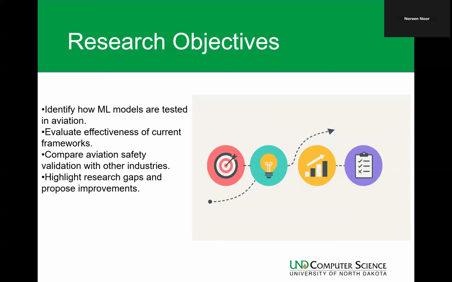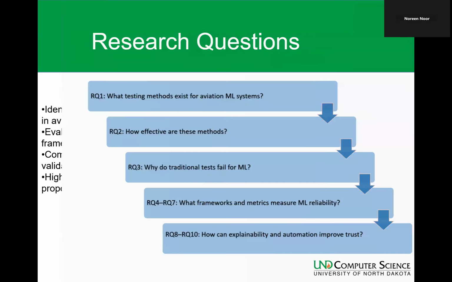Do they catch faults? Do they make systems safer? These are the questions I thought about. Then I compared aviation with other safety critical industries like healthcare and automotive to see what we can learn from them. And finally, I aim to highlight gaps in the research and suggest ways testing and validation can be improved in aviation systems. So these are the research objectives for now.